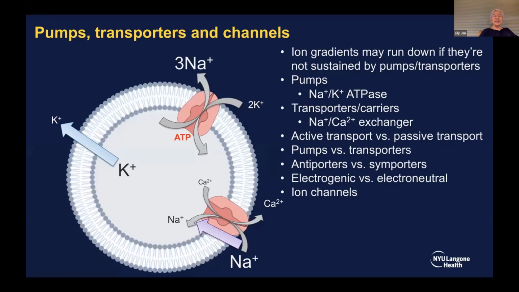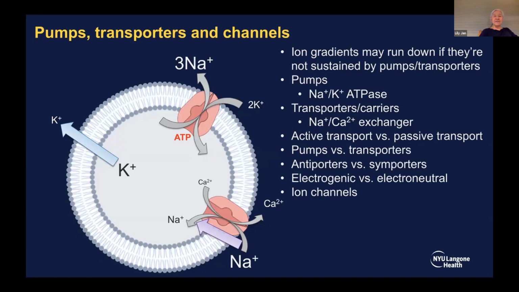Transporters don't hydrolyze ATP to generate energy for driving the ions. Instead, they rely on the concentration gradient already set up. In this example, it's the sodium concentration gradient that will allow sodium to go in through the sodium-calcium exchanger. And in exchange, this drives calcium ions from inside to the outside to build up the calcium concentration gradient.